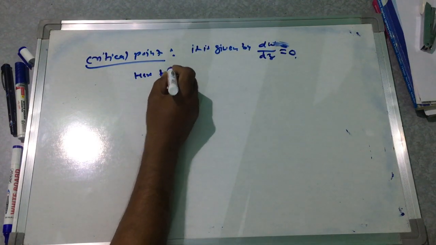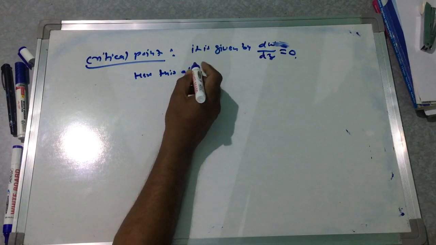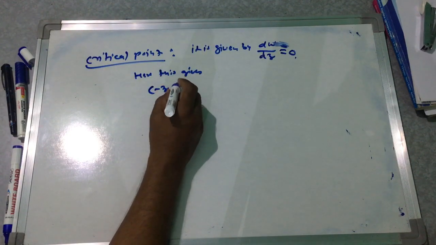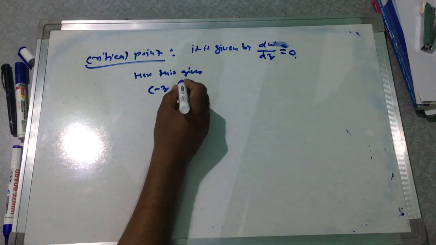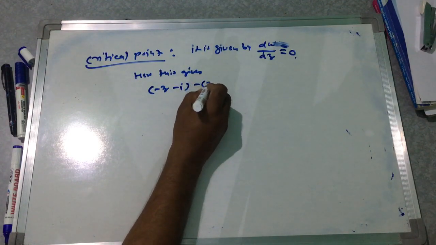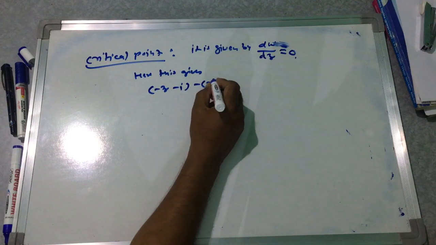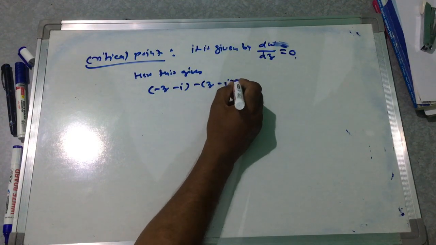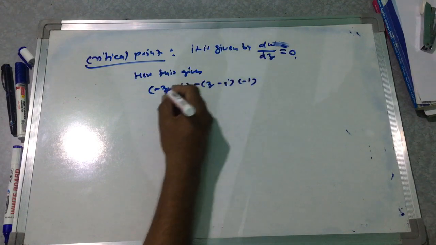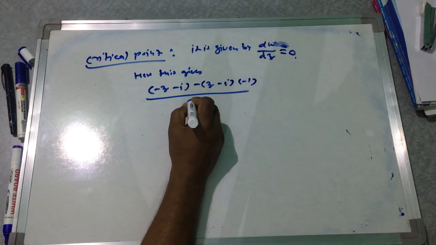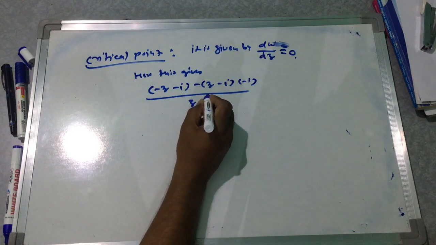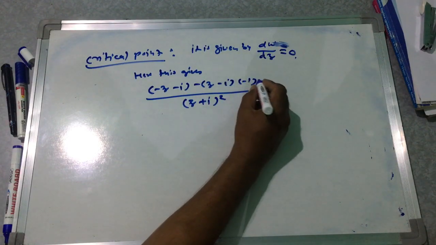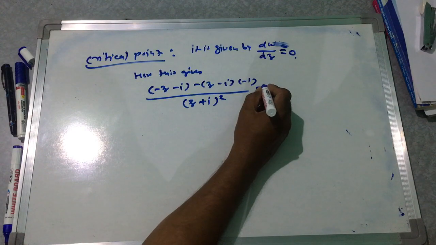Here this gives (minus (z minus I) minus (z minus I)) into minus 1 upon (z plus I) whole square is equal to 0.